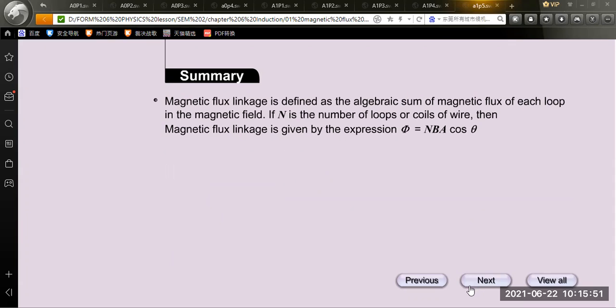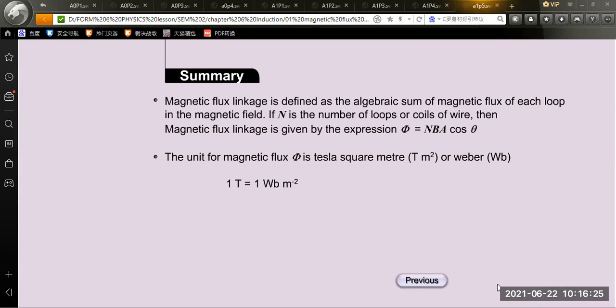Magnetic flux linkage is defined as the algebraic sum of magnetic flux of each loop in the magnetic field. If N is the number of loops or coils of wire, then magnetic flux linkage is given by the expression NBA cos delta.